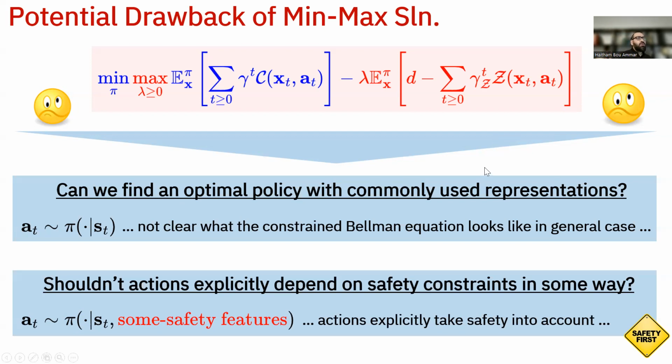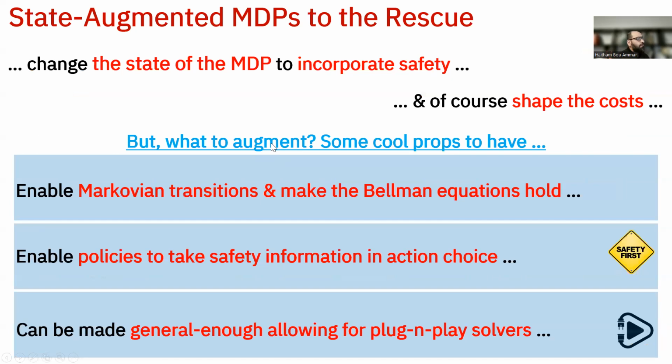So how do we do that? Well, the easiest way to do this is to augment the state space of the MDP. So let's think about this for a second.